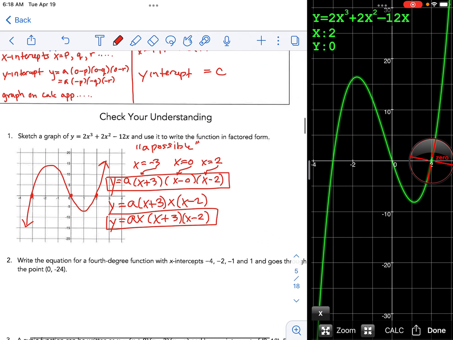Now, the one thing that this doesn't show is what happens when we have something that's called a repeated root.